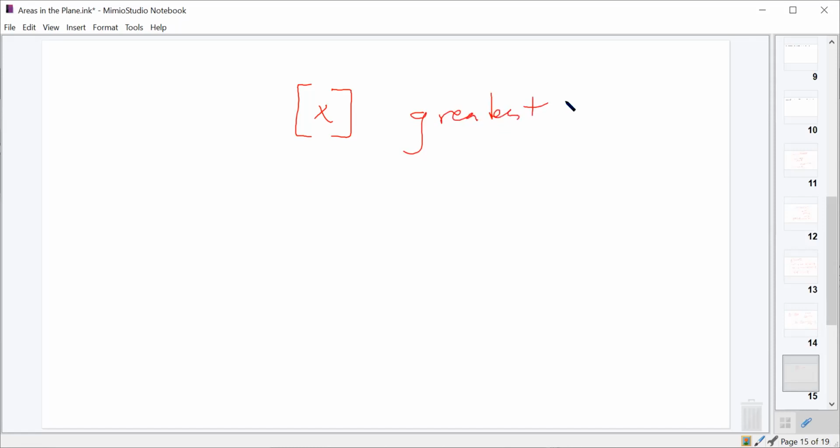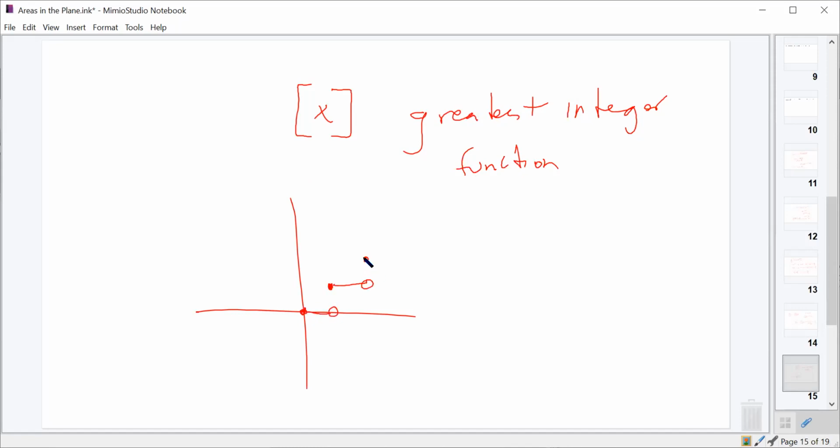It's just a step function. It just looks like this.